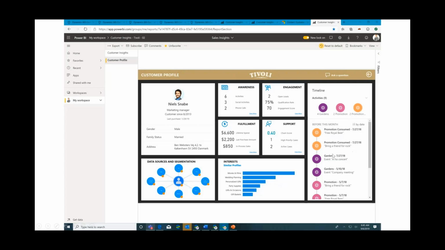It says that the promotion's been consumed, bring a friend, and we also consumed the free beer that he was provided with. So he actually came to the amusement park, and now from 12%, it's come to 40%. So that means the churn score is improving. And that's how Tivoli has been able to engage with their customers and keep them there.